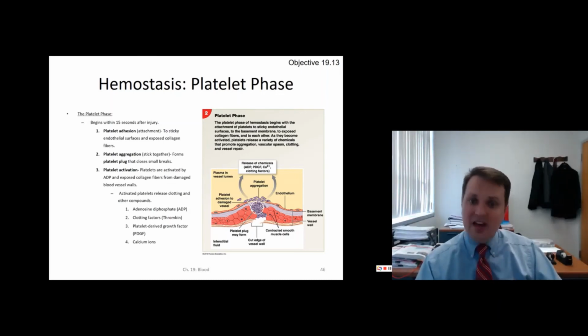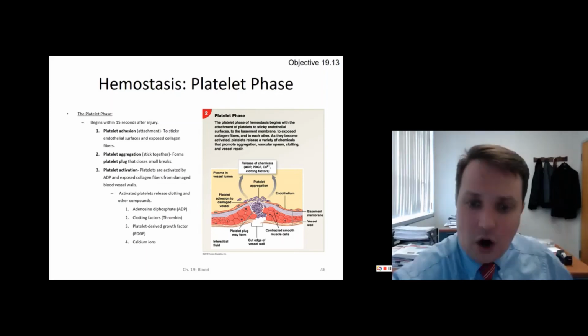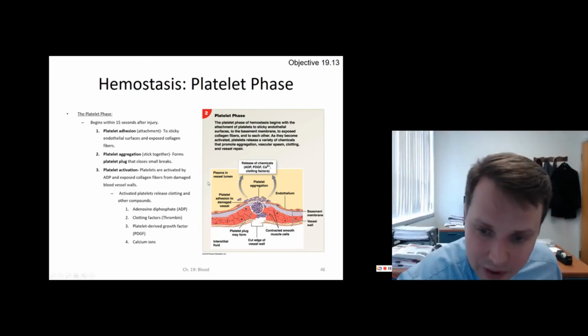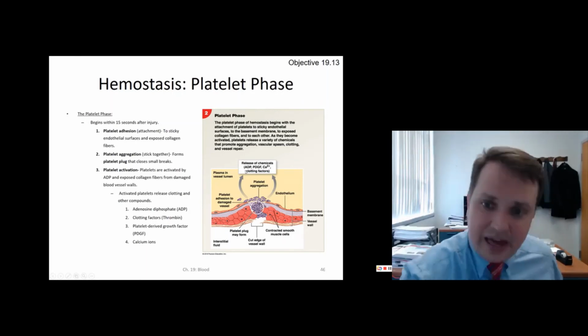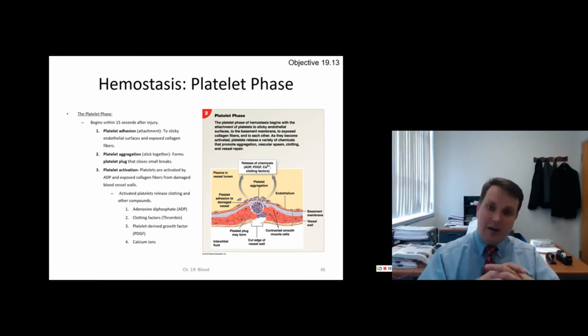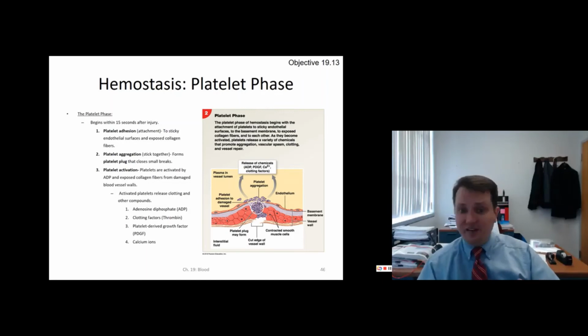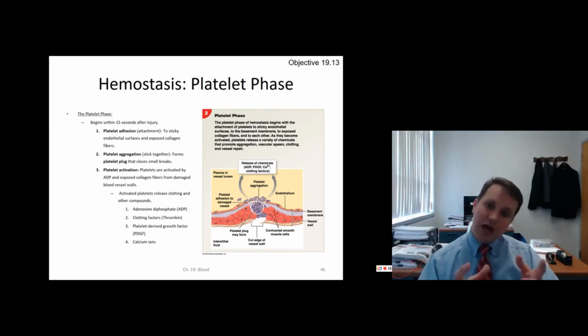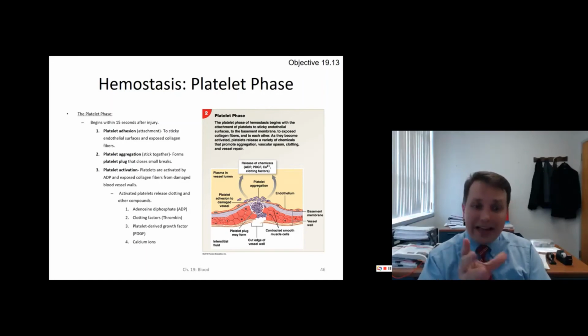And with the ADP, imagine you have a very sleepy platelet coming through, and he hits ADP, and ADP is like a cup of coffee for a sleepy platelet, and that helps activate him. Calcium helps activate him. Clotting factors help to activate him to make the platelets stick to each other. Okay? And the clotting factors will also activate the next phase called the coagulation phase.